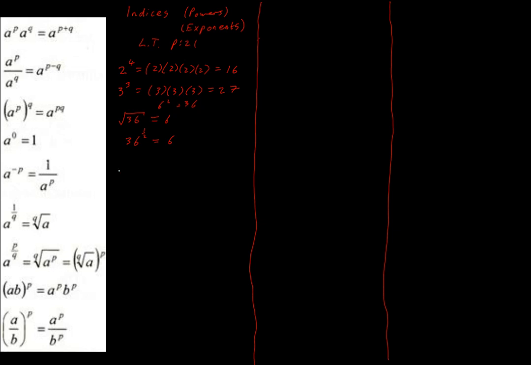And we can also have things like cube roots. If I go back to 27, and I put a little 3 there, that means the cube root of 27. What number must I multiply by itself 3 times in order to end up with the number 27? 3. I must multiply 3 by itself 3 times in order to end up with 27.